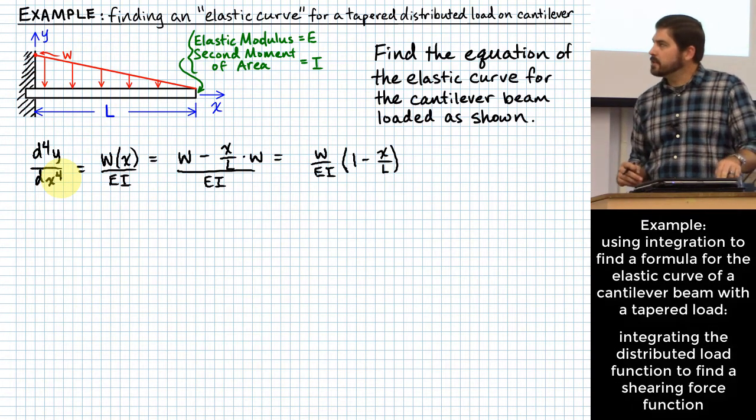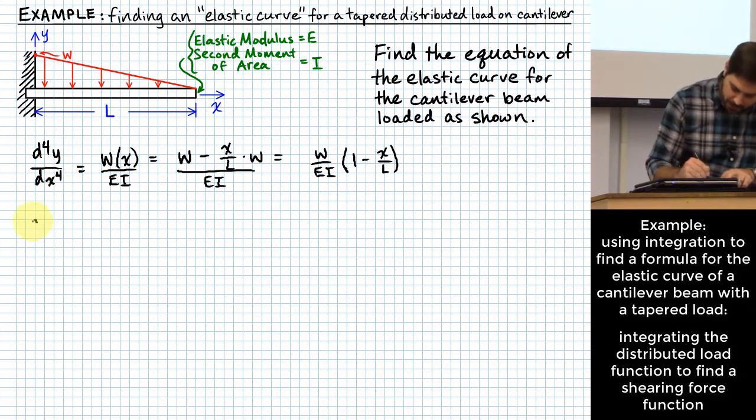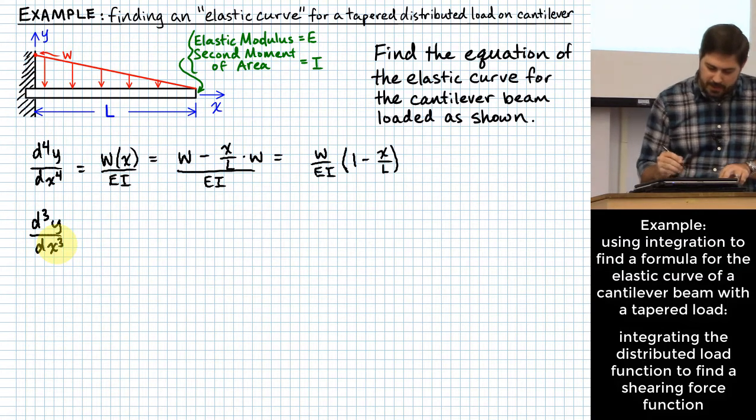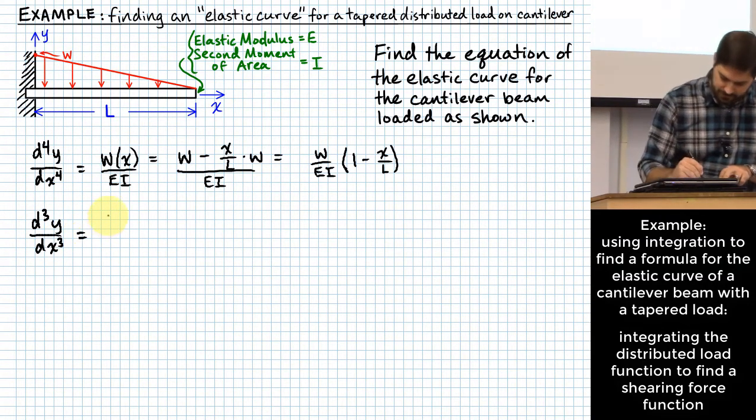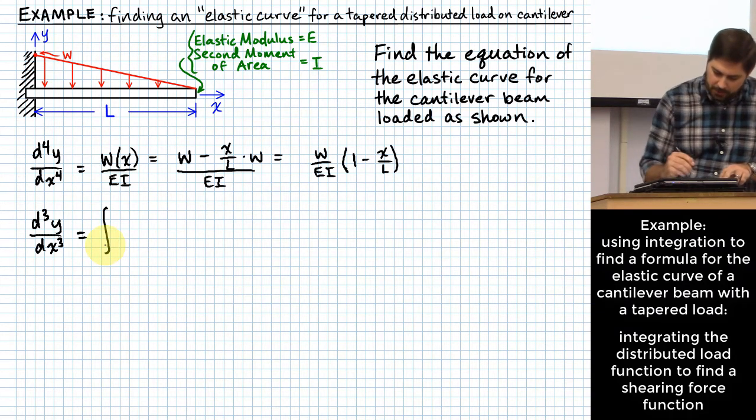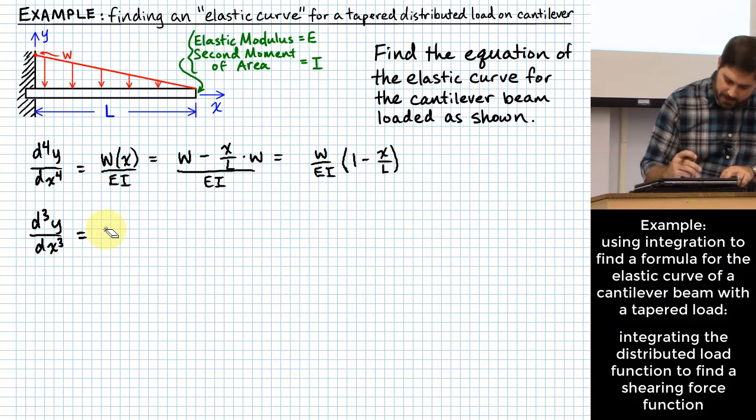So if I want to take it to the third derivative of y with respect to x, what do I need to do? I'm going to take the integral, right? W, E, and I are all constants.